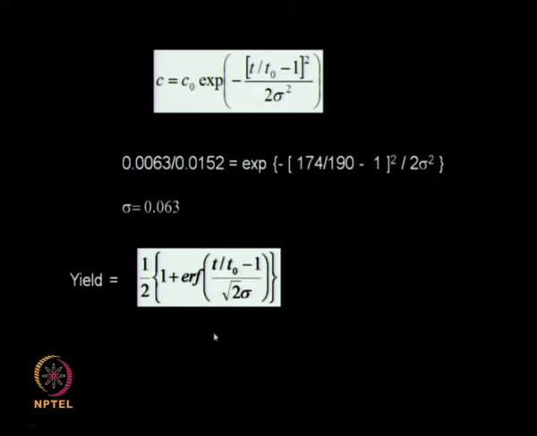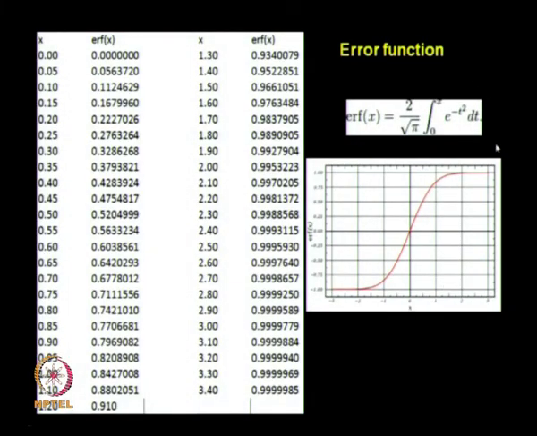Now let us look at how to calculate error function. Okay, how to calculate error function. Okay, straightforward. Error function is a number which can be calculated using certain numerical technique. Okay, error function is defined like this: error function of x is equal to 2 by square root of pi integral 0 to x e power minus t square dt, and error function looks like this.